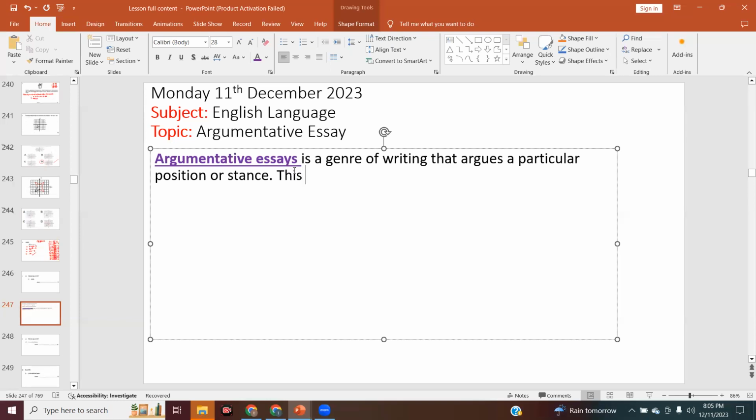So this type of essay presents a well-reasoned. What do we mean by well-reasoned? That's just a big word for saying what? It means it's worth it to do something, like to believe in something.